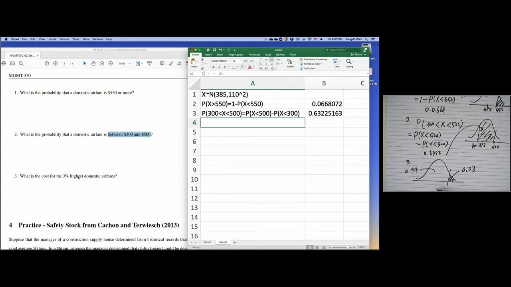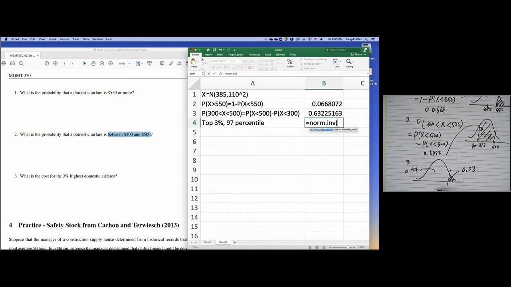So in this case, top 3% means the 97th percentile, right, the 97th percentile. Then we have to use the norm.inv function.